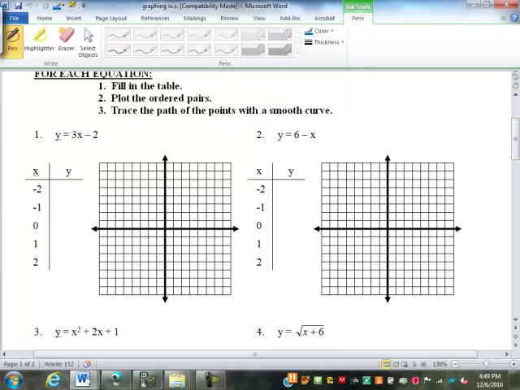So for the first one, let's see, y equals 3 times -2. You get a line that looks something like that. Cool. For the second one, your line looks something like that? Any questions so far?